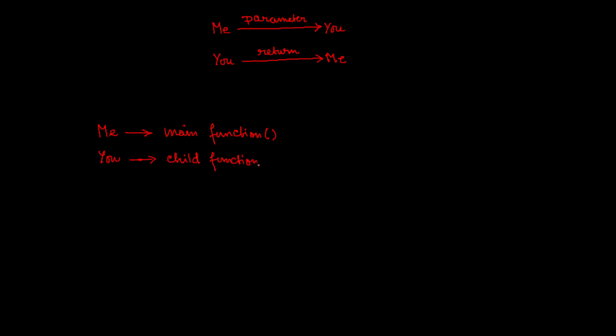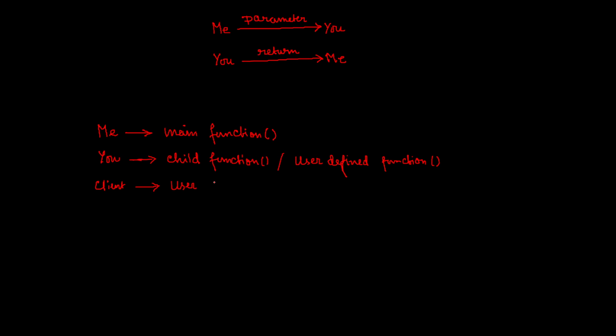Child function means user defined function. And the client is what you can say the user, any user of the program who is using the program, who is not writing it. User means not programmer. Don't think programmer. User means user who is just giving input to the program and trying to get some output. That's all.